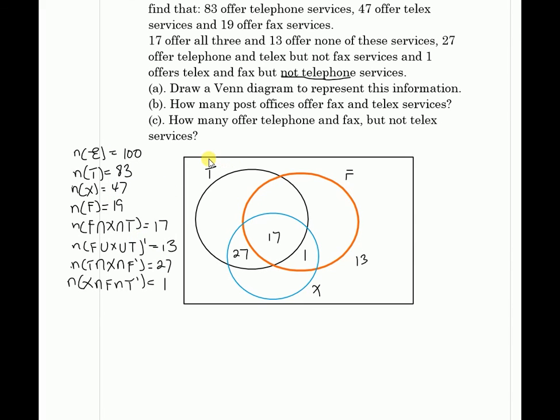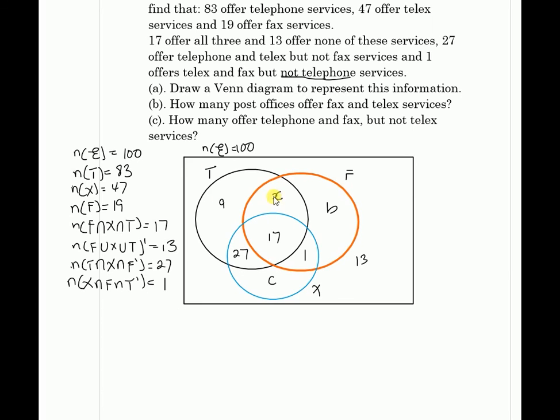We have the universal set, which contains 100, and we can call these A, B, and C. Then we call this X, because the question is asking how many post offices offer fax and telex services. How many offer telephone and fax?